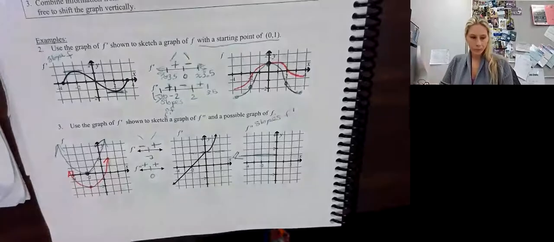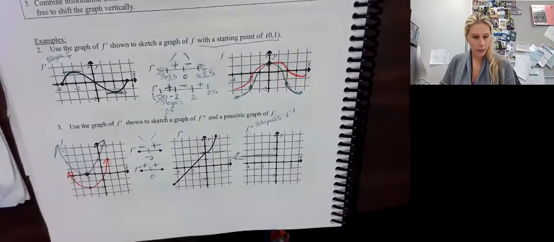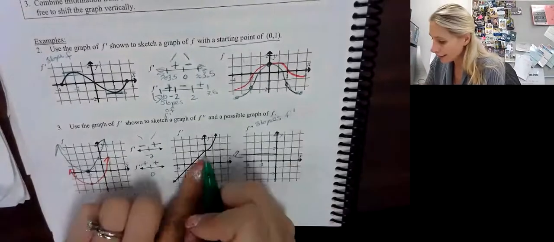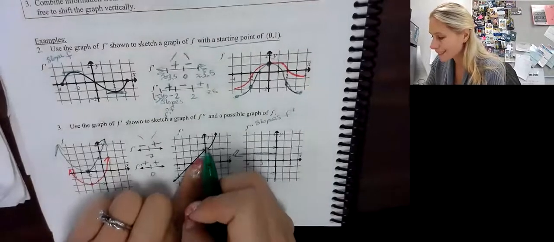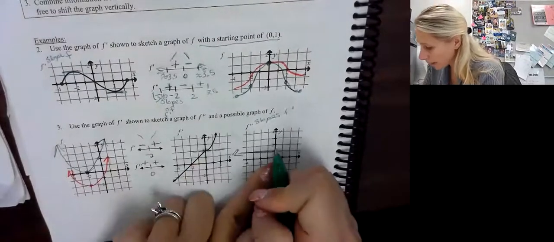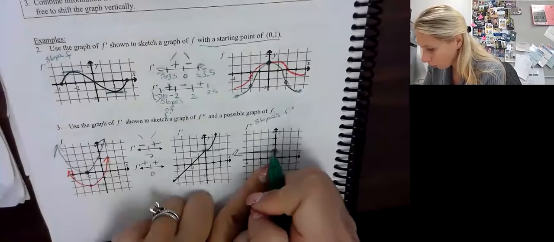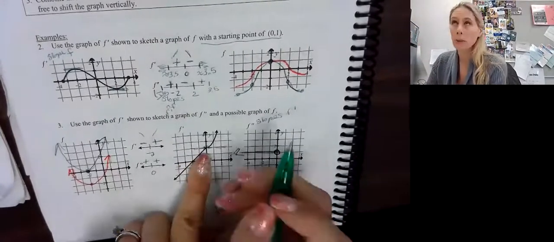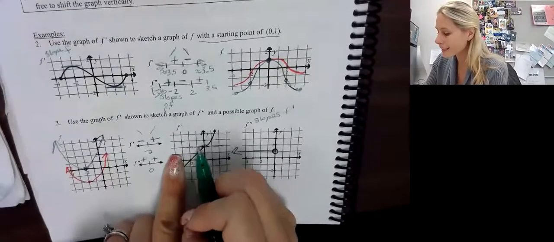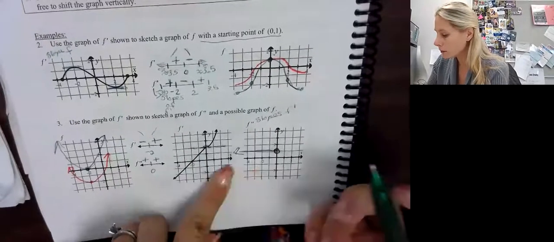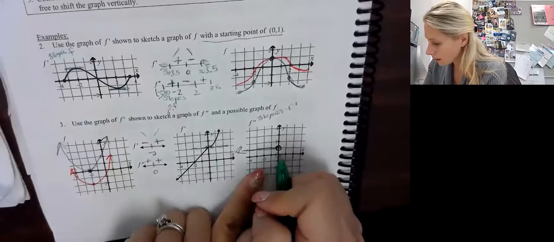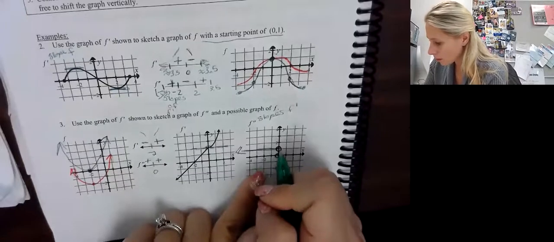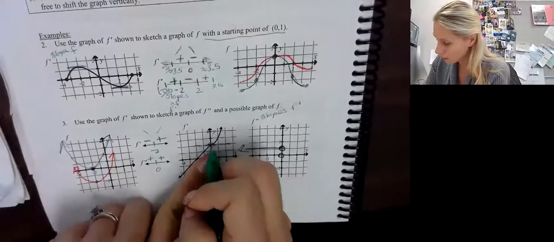Now, if we look, there is a change in slope here. There is a sharp turn here. So that means that is a hole, actually, because that's a sharp turn. Sorry, guys. Because that slope is 0, we have a hole right here.